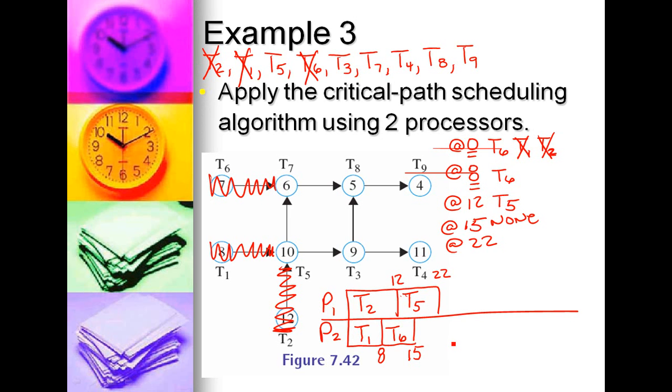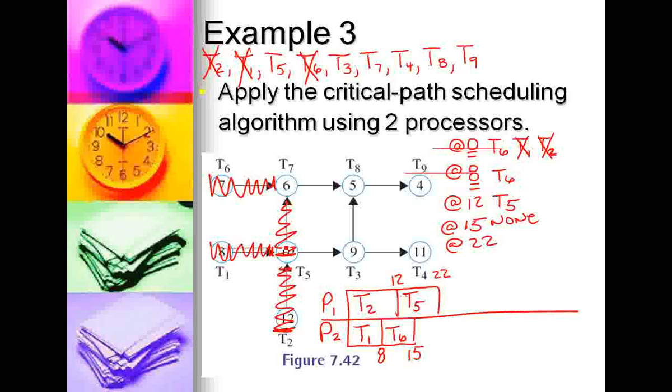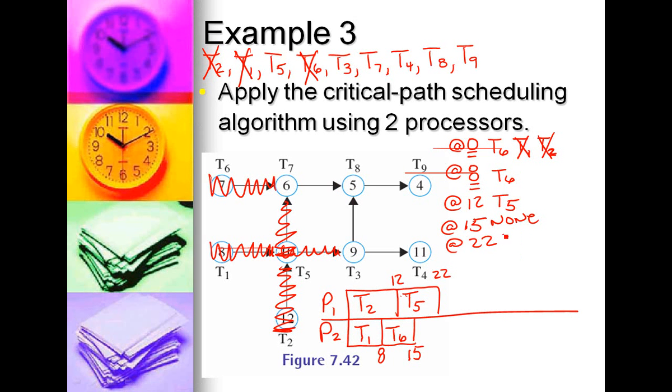So at 22, T5 is now complete. That makes T7 and T3 ready. So we look at our priority list. T3 comes first.